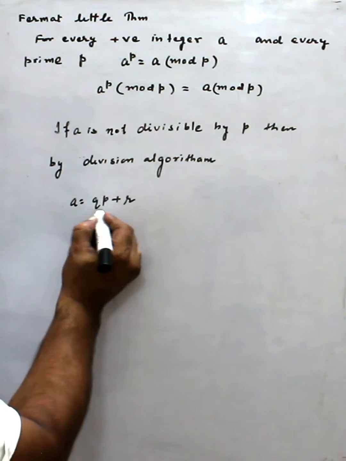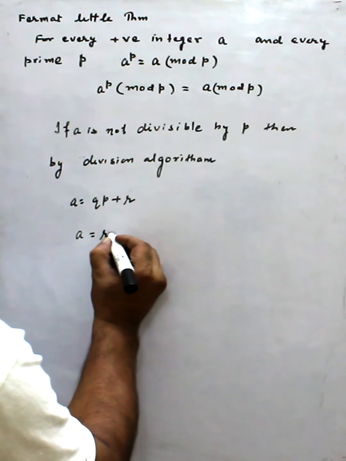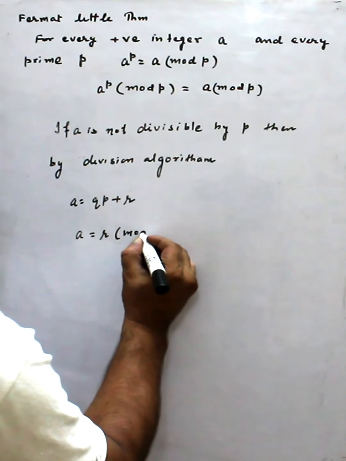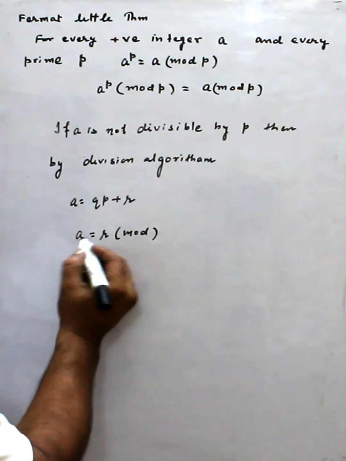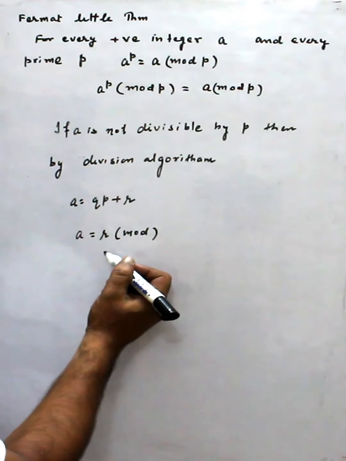Now this part is definitely a multiple of p, divisible by p. That means I can write a is equal to r mod p. This is actually a is congruent to r, the remainder, right?